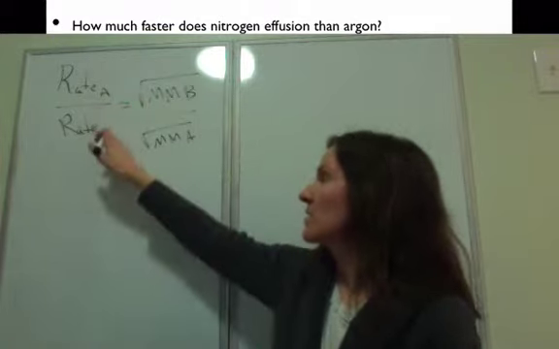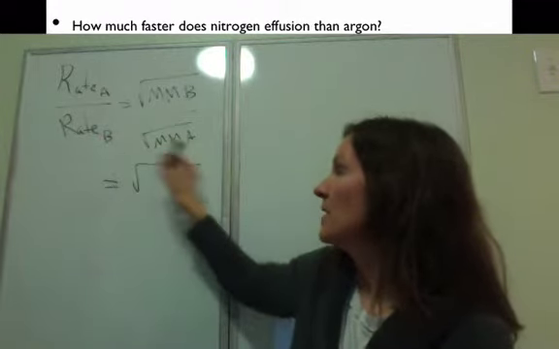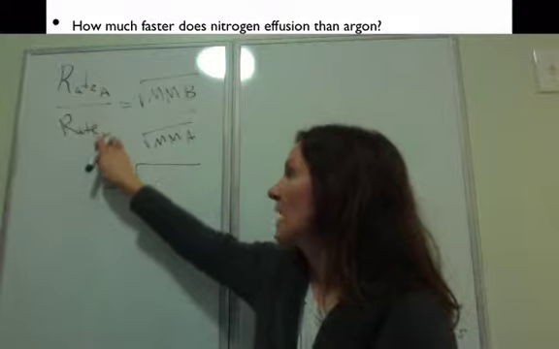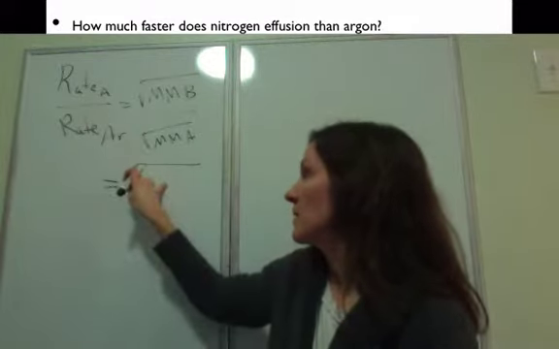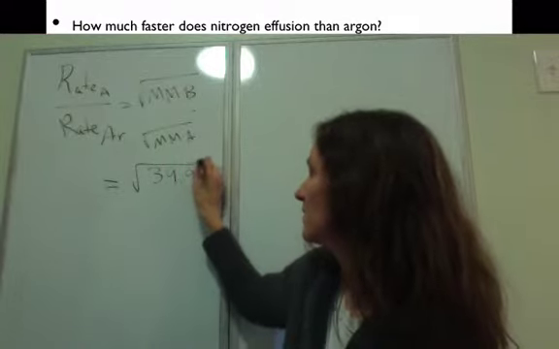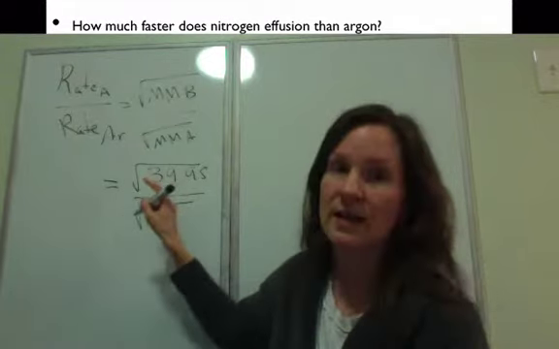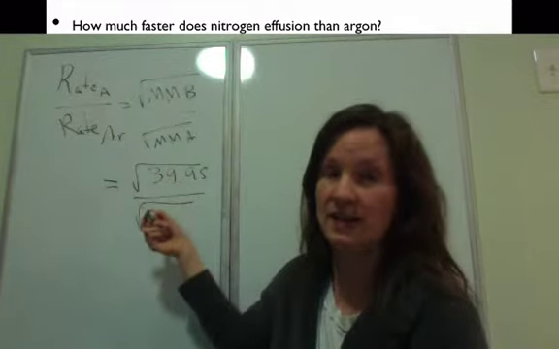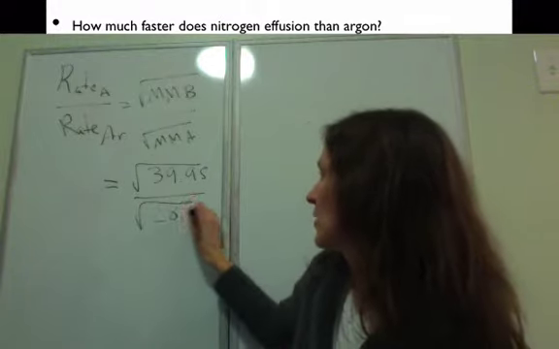So the rate of A versus the rate of B is going to equal the square root of the molar mass of B, and B is our argon gas, so this is the molar mass of argon, which is 39.95, divided by the square root of the molar mass of nitrogen, which is nitrogen gas, so diatomic, which is 28.02.